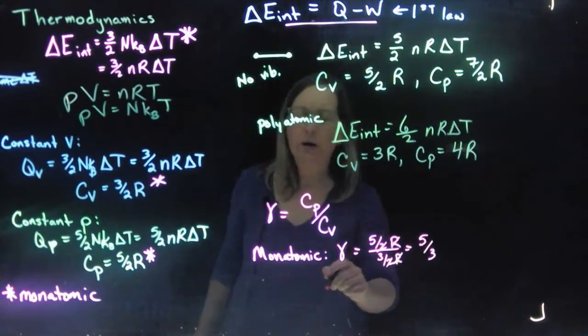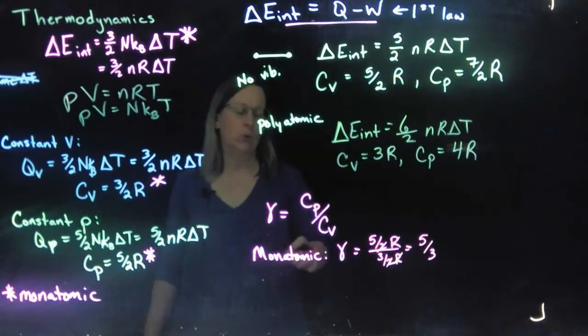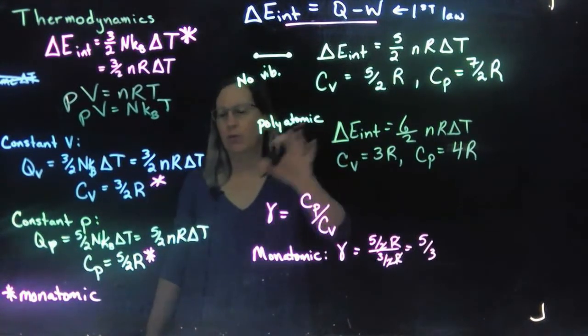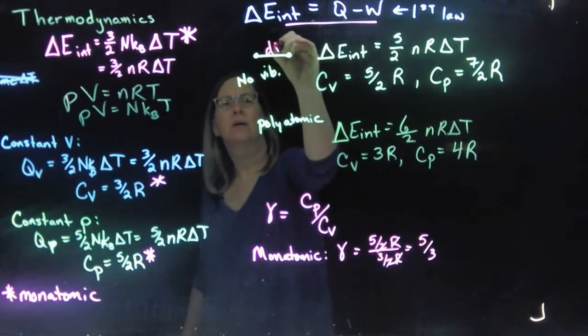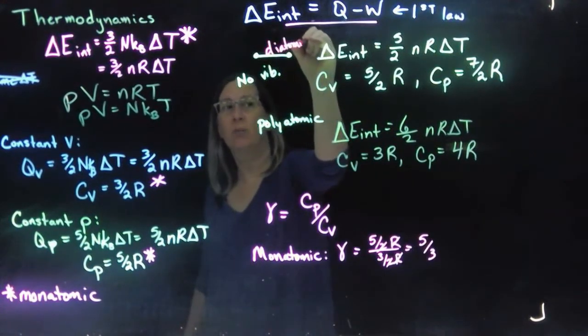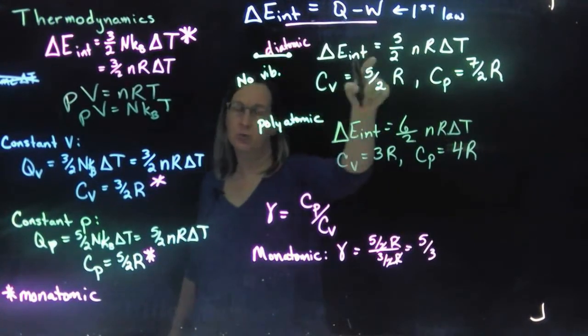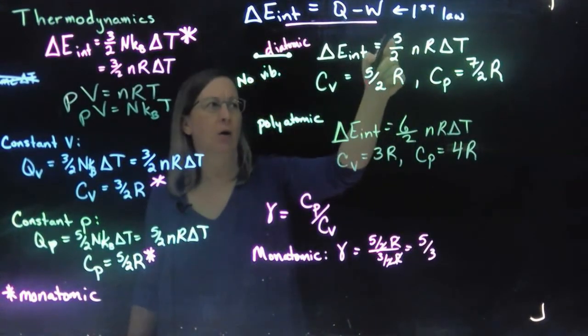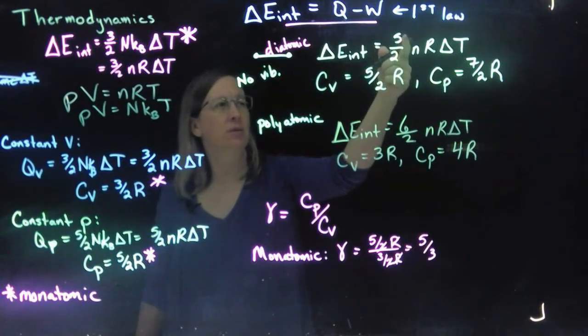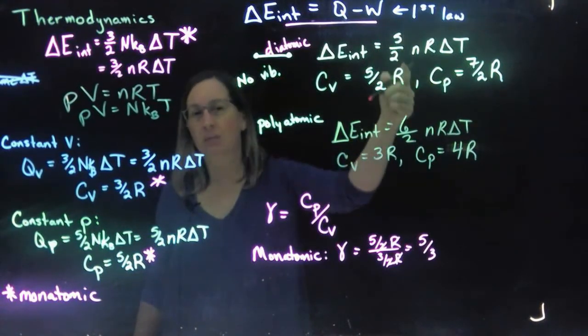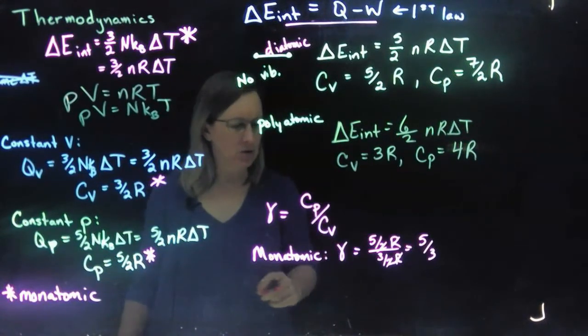So this is a way to describe whether we've got monatomic or diatomic when we have no vibration. When we have vibrations, we add another 2 1/2 here. So instead of this being 5/2, this suddenly becomes 7/2. But we don't generally get to those temperatures.